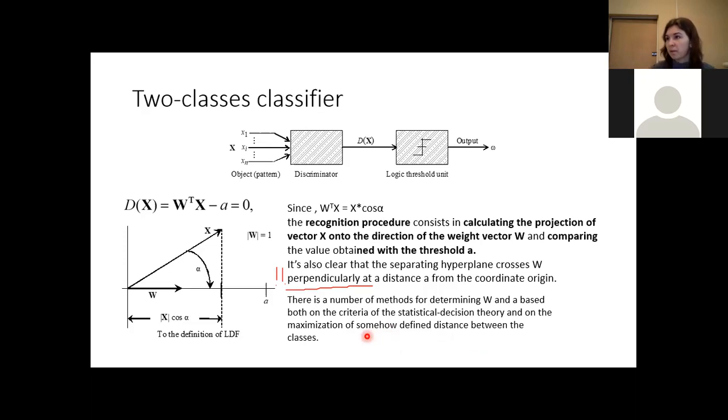So we need to maximize the distance between classes of projection, and we need to find this metric. For example, it's one of the approaches. So how to estimate this distance?